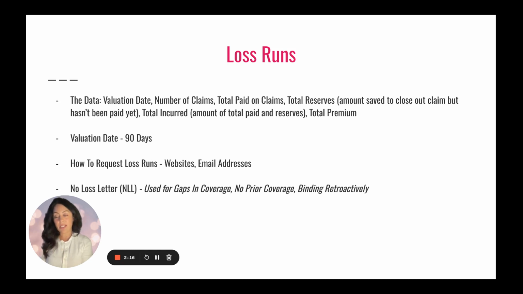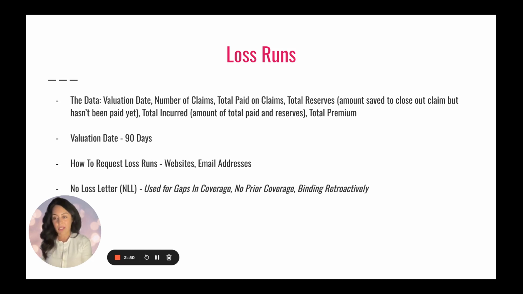Then when they finally go, it's determined by the doctor that that back problem was caused from a job that they had 1 year ago or 2 years ago. They could tie it back to an old policy. And for that reason, it's always going to be required that your loss runs are within 90 days old. So every year that you're quoting a client, you're going to have to go back to the same carriers to get the loss runs.